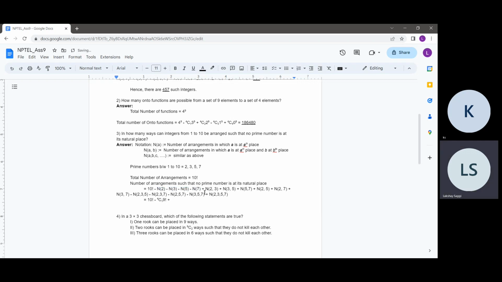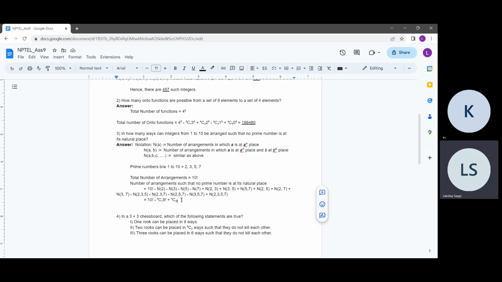And similarly, selecting a pair can be done in 4c2 ways. 4c2 is 6, as I had mentioned, so there are these 6 ways. So this will be 4c2 times the value for each pair, which will be 8 factorial, since a is at the ath place and b is at the bth place, so the remaining 8 numbers can now move freely.